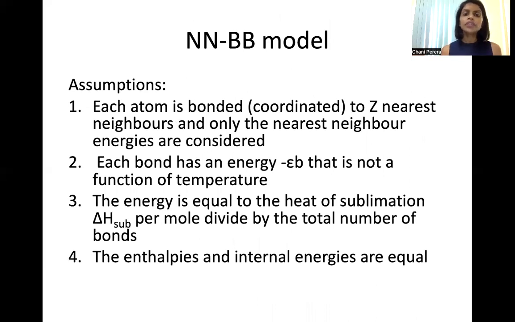So the assumptions we have in the nearest neighbor broken bond model: first, each atom is coordinated to Z nearest neighbors, and only the nearest neighbor energies are considered.